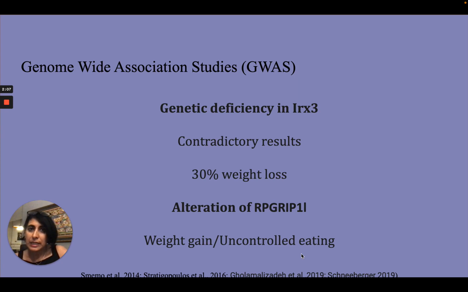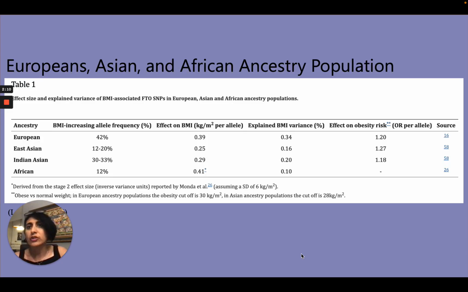I am now going to head into a bit of a discussion about ancestry and various populations, and when it comes to the FTO gene and its impact on BMI. And if you remember, that means body mass index. So there have been multiple studies over the years to explore FTO's role with obesity risk across populations. Genetic studies have shown that FTO is an important gene when it comes to obesity risk.